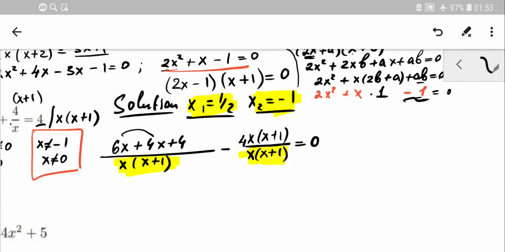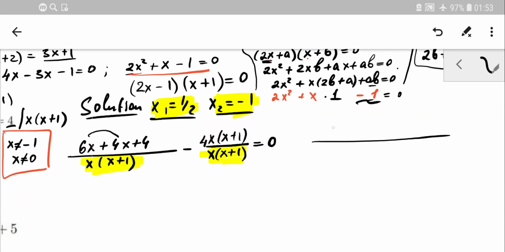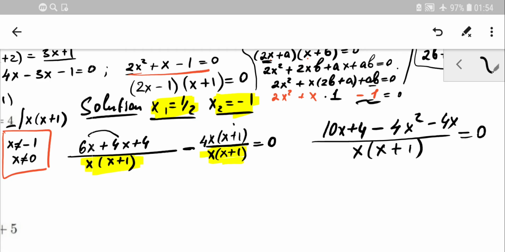Okay, we just need to simplify similar terms and we'll get the following fraction. We'll get 10x plus 4, and then we need to subtract because of the minus here. So 4x times x is 4x squared, and the minus goes also here, so it's 4x times 1, minus 4x. The bottom part stays the same, and now we equate to 0.